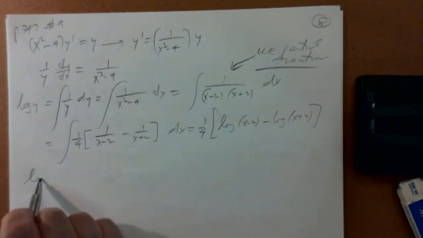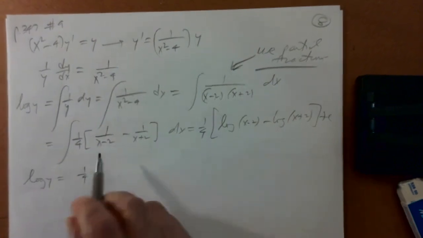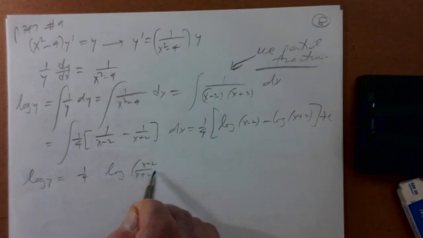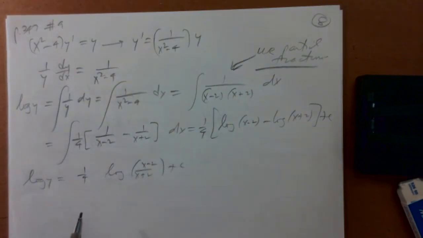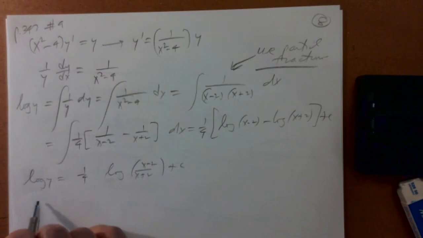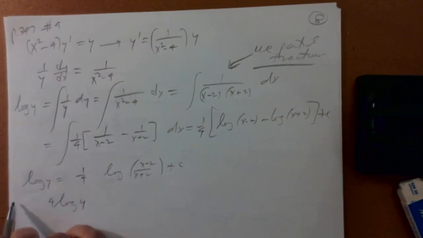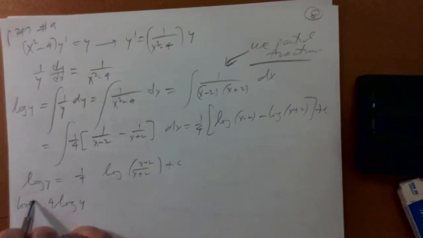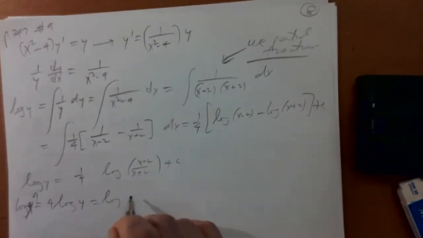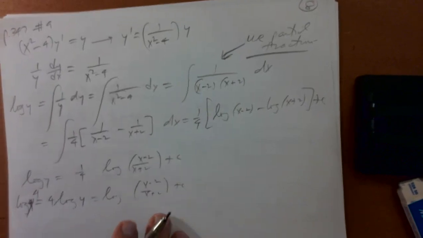So we have the log of y plus a constant equals 1/4 the log of x minus 2 over x plus 2 plus a constant. If I bring the 4 over to the left, I have 4 log y, which is the same as the log of y to the 4th power, equals the log of x minus 2 over x plus 2 plus a constant.